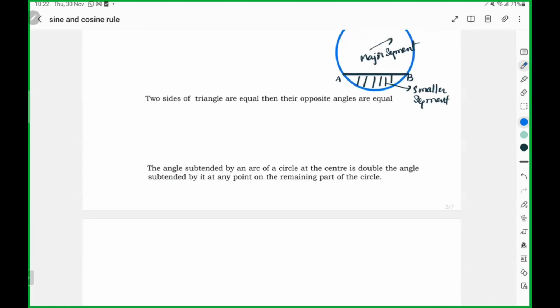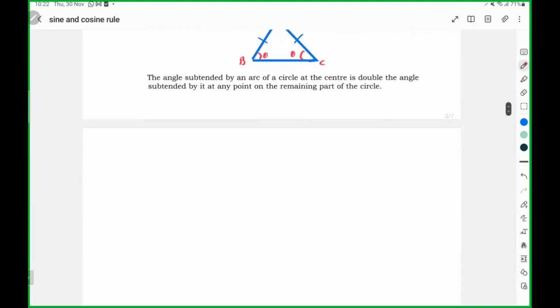Here is another important point. Once 2 sides are equal, let us say these 2 sides are equal, the opposite angles are equal: the angle opposite to AB is theta, and the angle opposite to AC is also theta.